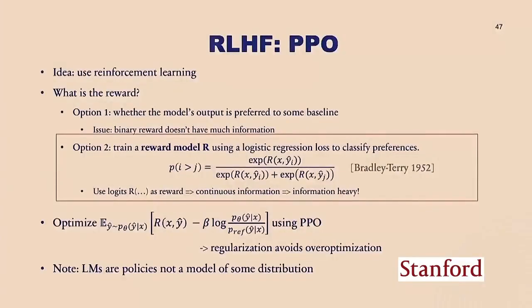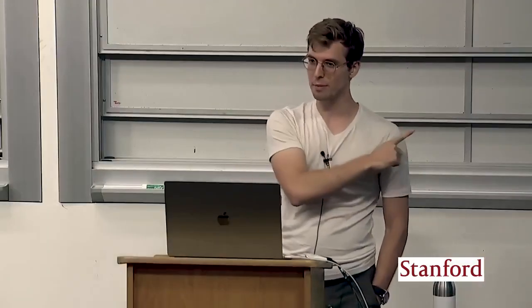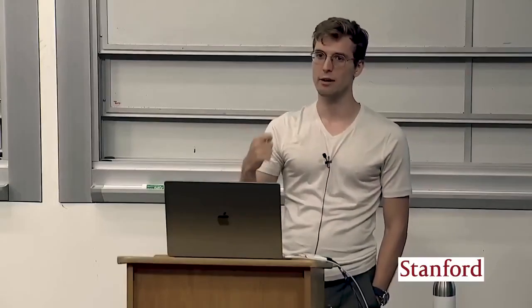One thing to note here, because it will be important for later, is that when we use this, the large language models are actually a policy for your reinforcement learning. It's not maximizing maximum likelihood anymore, which means that you're not modeling any distribution anymore. The reason why this is important is that models that went through this type of PPO actually don't give you likelihoods of text that are meaningful.